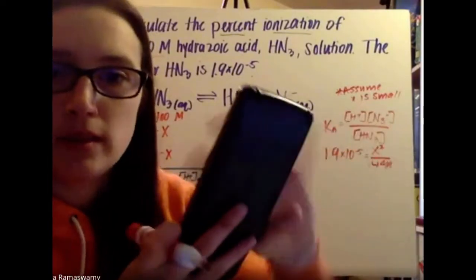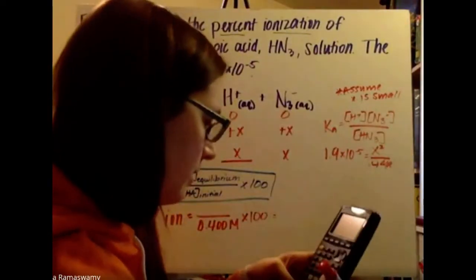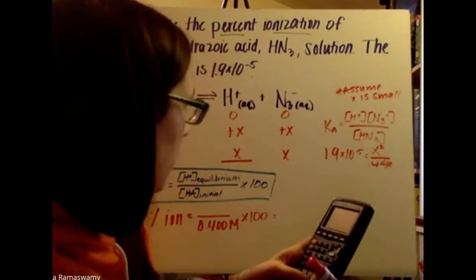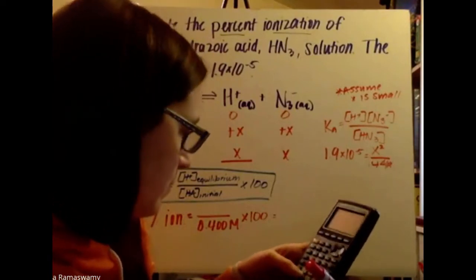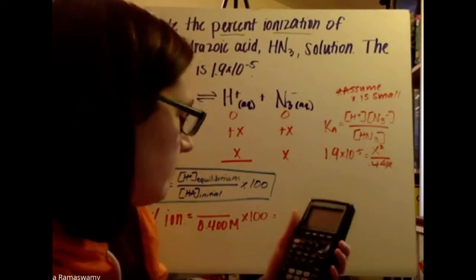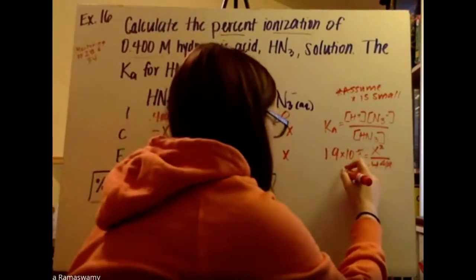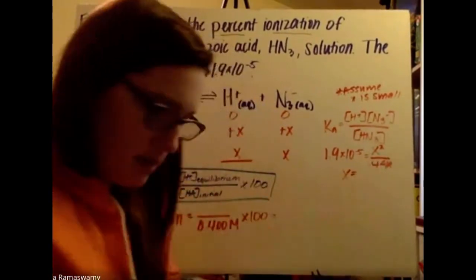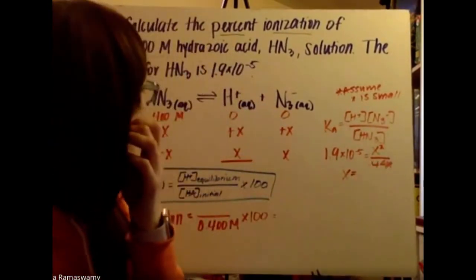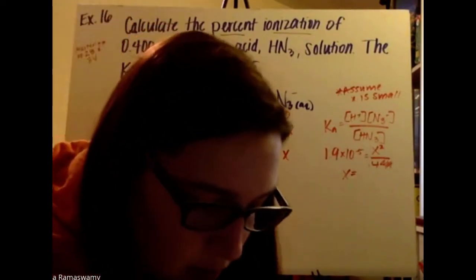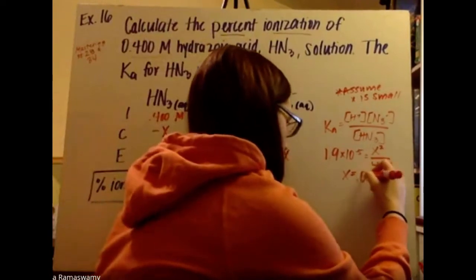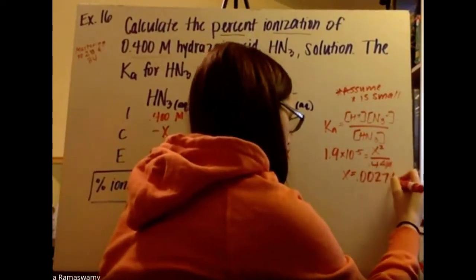So now I'm going to use my trusty calculator. 1.9 e negative 5 times 0.4. I'm going to take the square root of that. We'll use 3 sig figs. 0.00276.